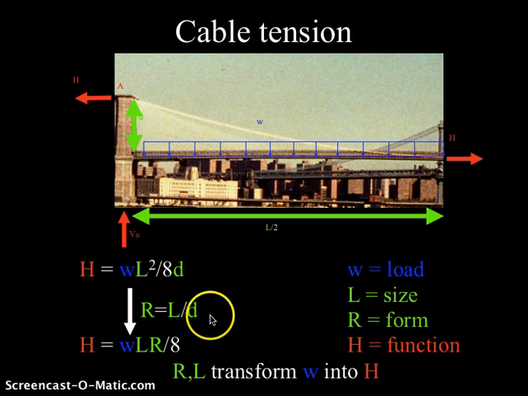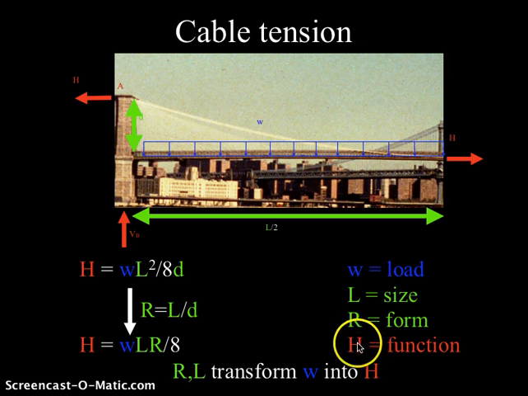I want you to think about this quantity R as sort of the form or shape of the structure. This ratio of cable sag to main span really is, in profile, the defining characteristic of the shape or form of a suspension bridge. And L on its own you can think of as just the size or scale of the bridge. As L gets larger, the span gets larger and the bridge gets bigger.